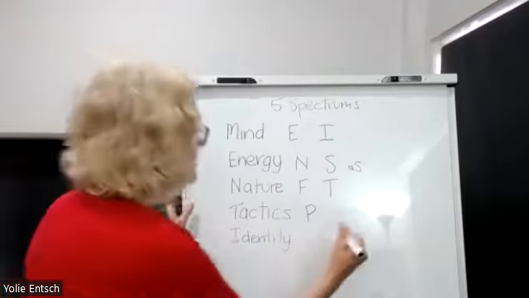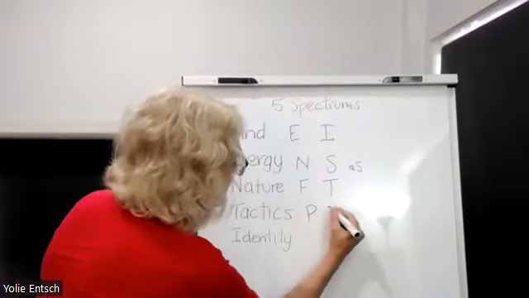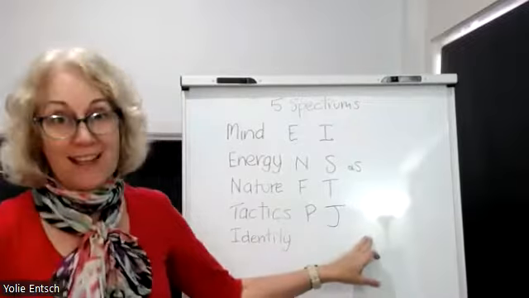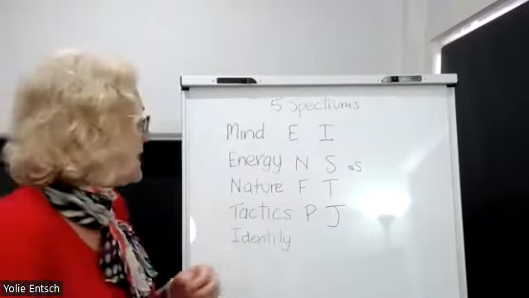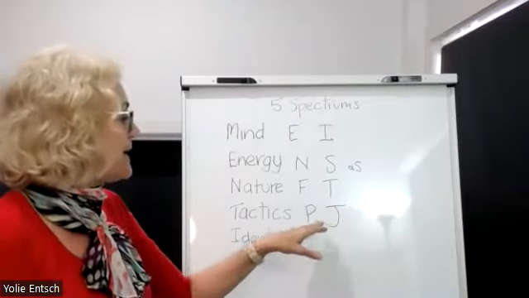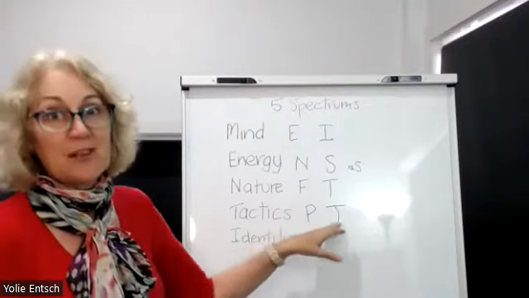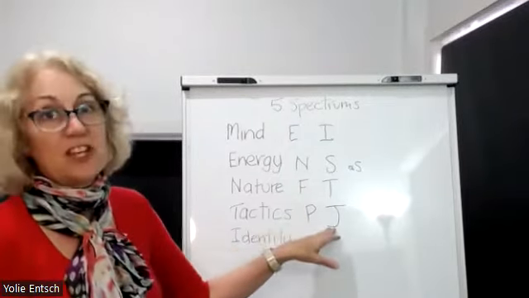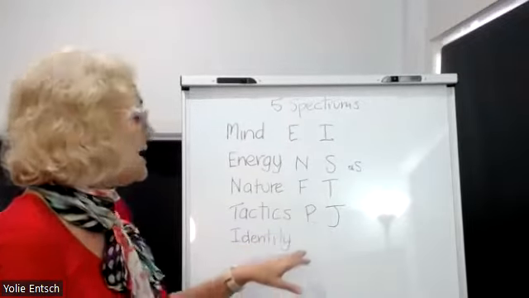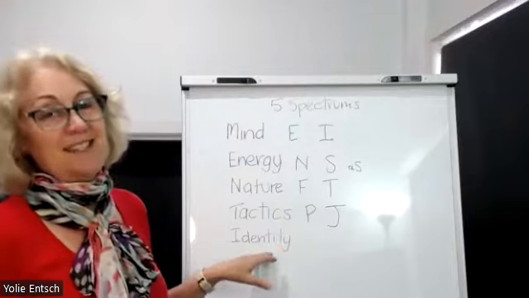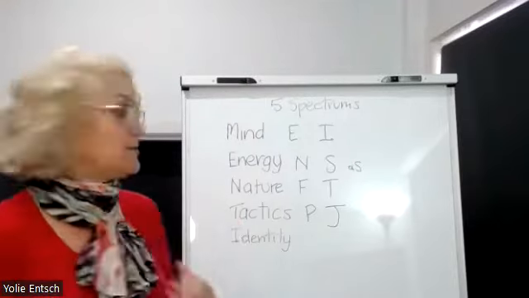Whereas the other side, the judging person, tends to be much more organized, and they tend to like to plan things out. For me, I was fairly balanced with prospecting and judging, but a bit more into the prospecting area. Now, the last one is identity, how confident you are in yourself.